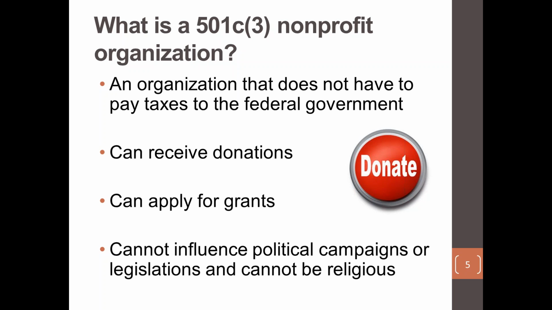Today we're going to be talking about what is a 501c3 nonprofit organization.